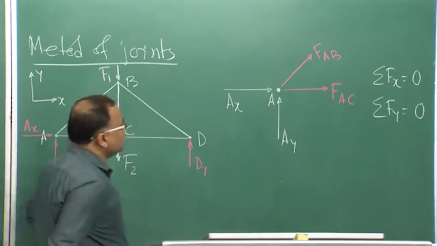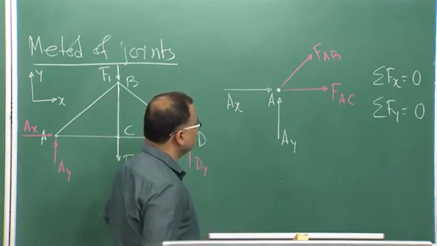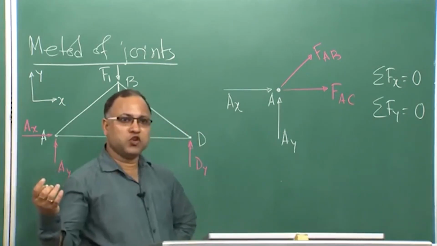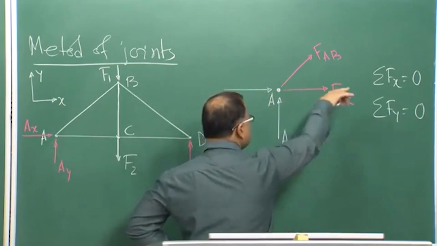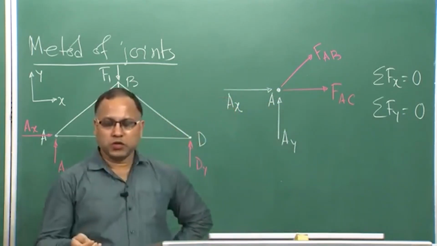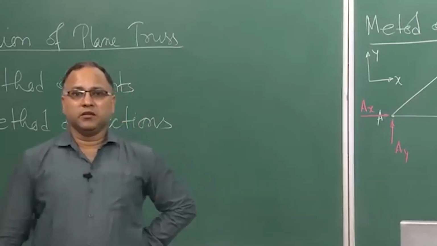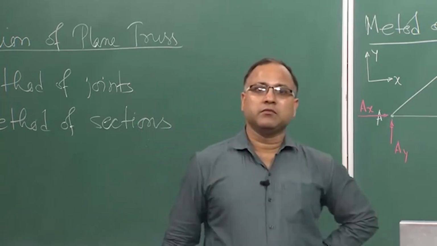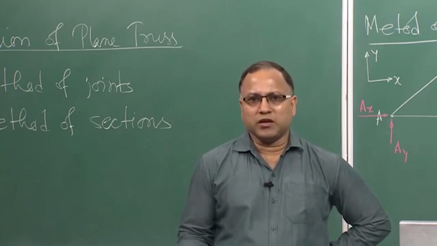But I have shown FAB in this direction, which is coming out from joint A. Similarly, FAC in this direction, that is also coming out from joint A. Now, who told me that it will be coming out from joint A? It could be towards joint A, yes or no? Because I do not know, I have not calculated.